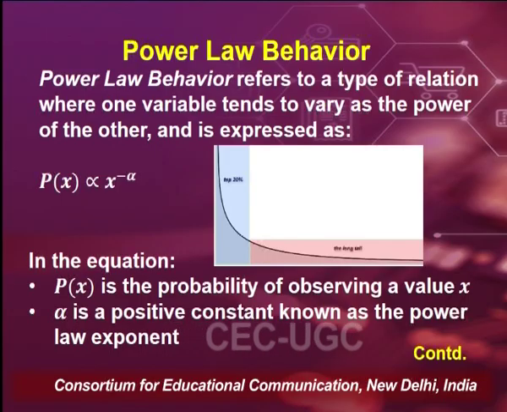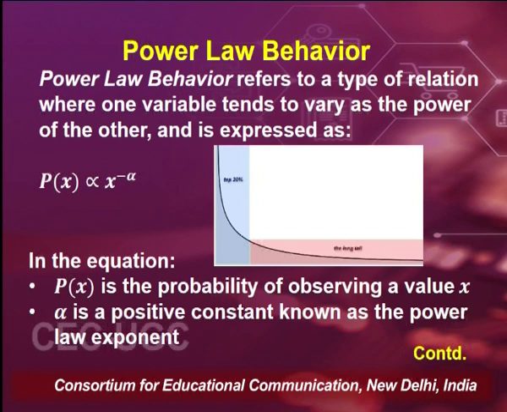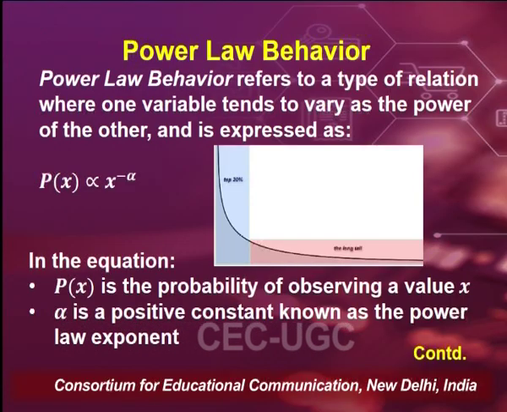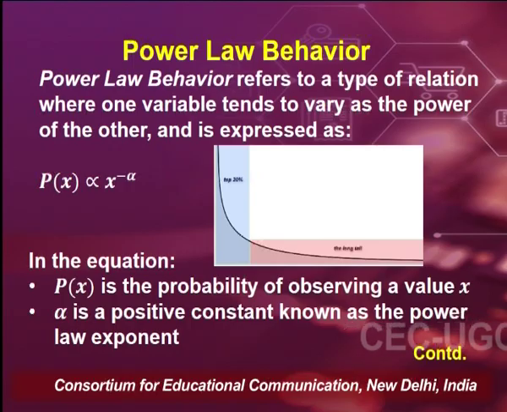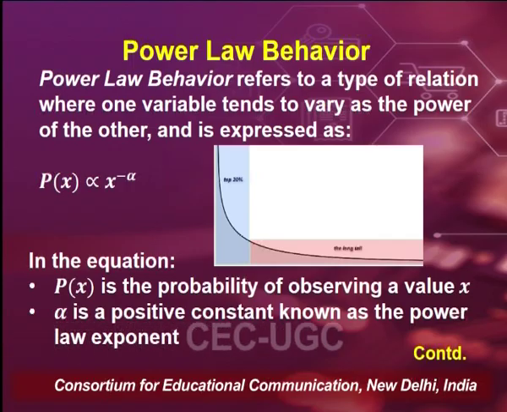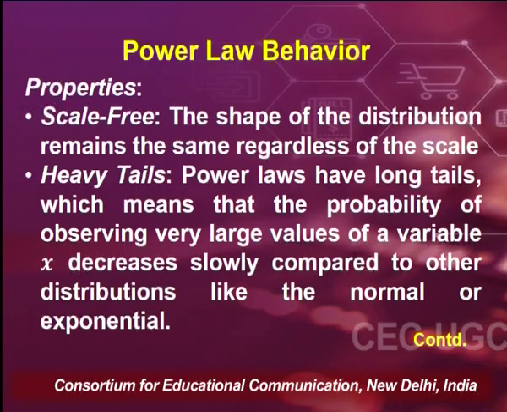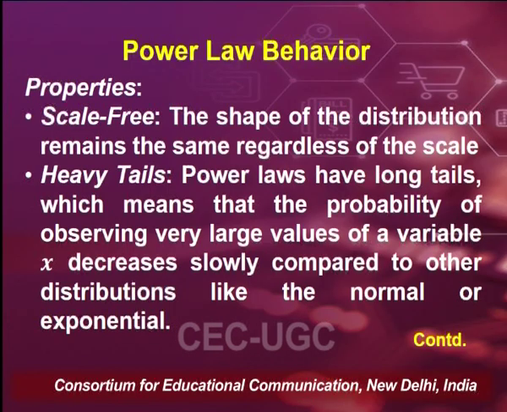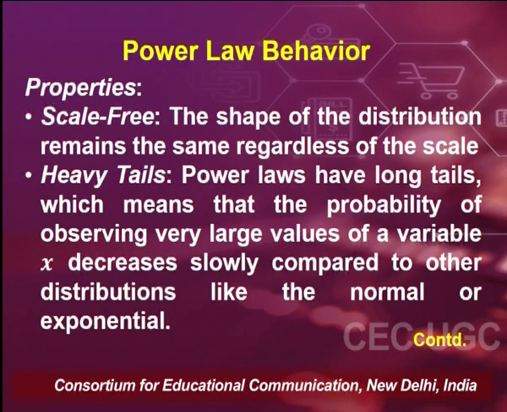It looks like a graph with a heavy tail, and you can see on the screen that P(x) is the probability of observing a value x, and alpha is a positive constant, which we often call the power law exponent. There are some properties associated with this: the scale free nature, and another one is the heavy tail. Let us understand what these properties refer to using a diagram.